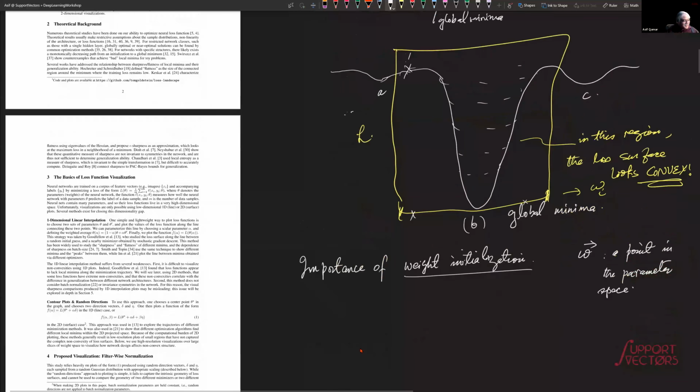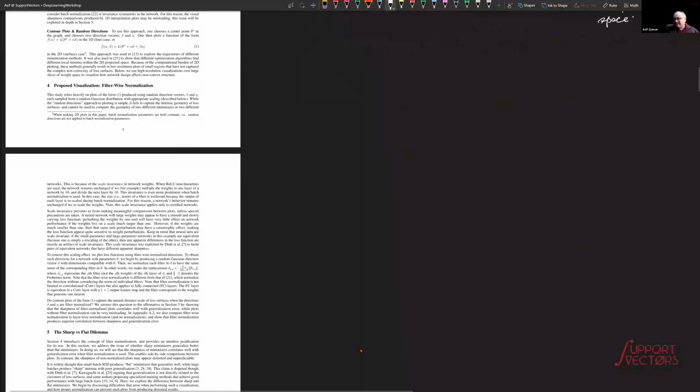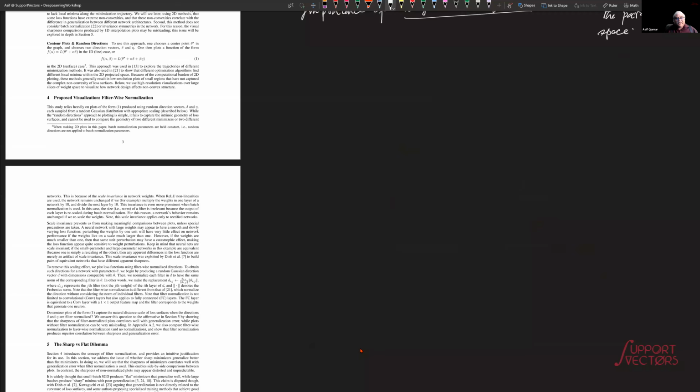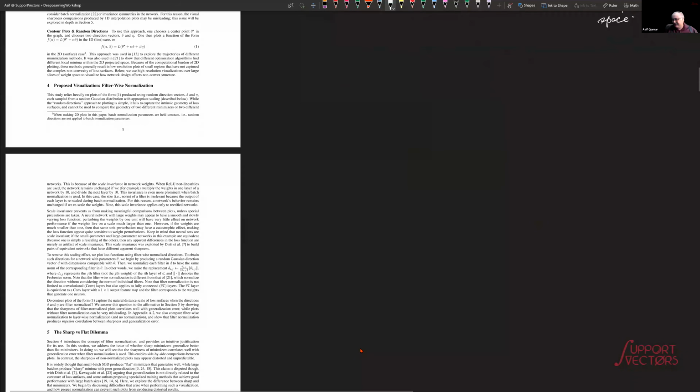They talk about prior work, and then they gradually come to their idea, which is filter-wise normalization. It's a bit technical. I won't go into that. It's not that relevant for the work that we are doing. If you read through it and would like me to explain it to you, let me know and I'll explain it, but it gets a little bit mathematical.